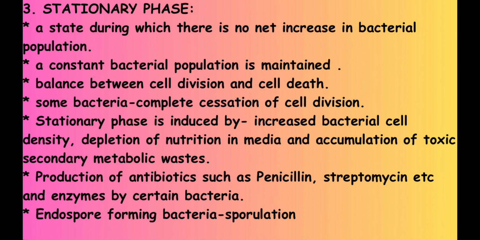And certain bacteria produce antibiotics such as penicillin, streptomycin and enzymes during the stationary phase. And in case of endospore forming bacteria, sporulation will occur when the bacteria enter stationary phase.